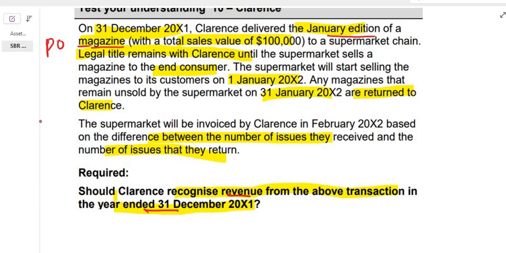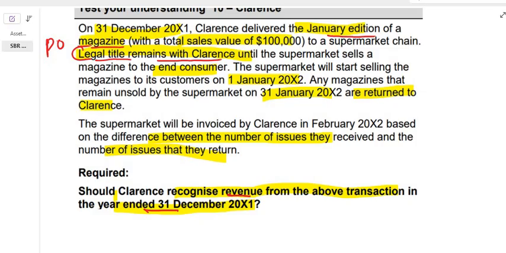Now, the first one is legal title. The legal title remained with C. This is in favor of C, which means that control is not transferred. The legal title remained with C until the supermarket sells the magazine to the end consumer, which indicates that the control has not fully transferred. Now, the second indicator is right to payment. The client has no right to receive payment from the supermarket until the magazines are sold to the end consumer.